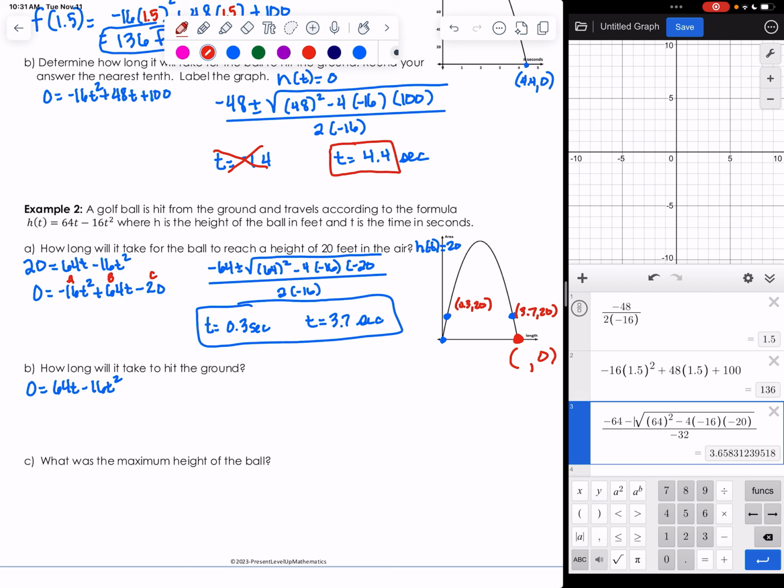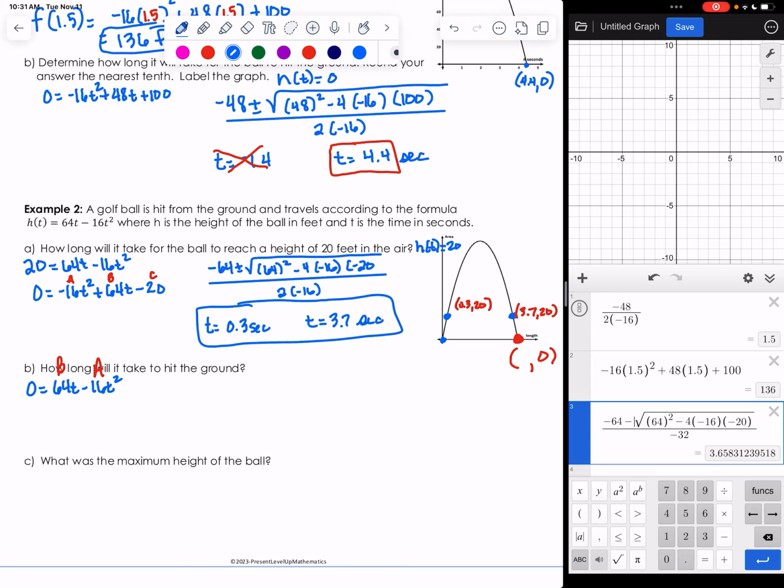Now, you don't have to rewrite that if you don't want to, but I would highly recommend you notice that your A is negative 16 and your B is 64 and C is going to be 0 because we don't have a C value.